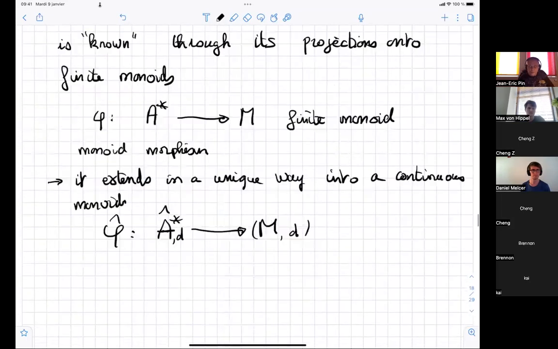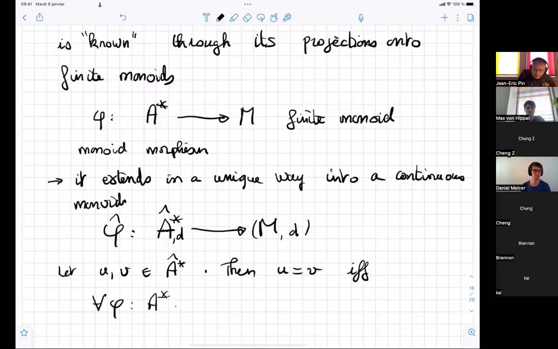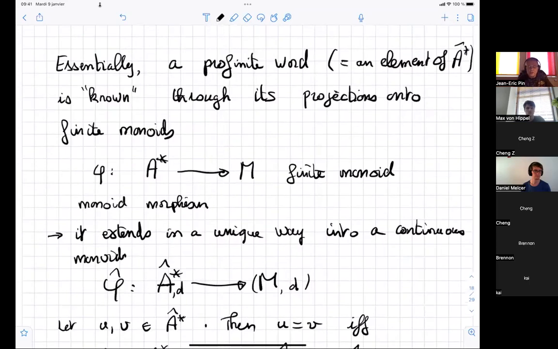So if you have two elements, U and V, in A star hat, then U equals V if and only if, for all morphisms phi from A star to a finite monoid N, phi hat of U is equal to phi hat of V. Because this is exactly what I mean by essentially a profinite element is known through its projections.